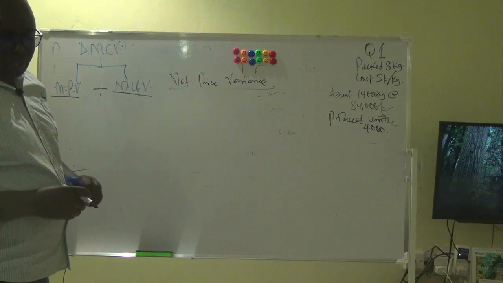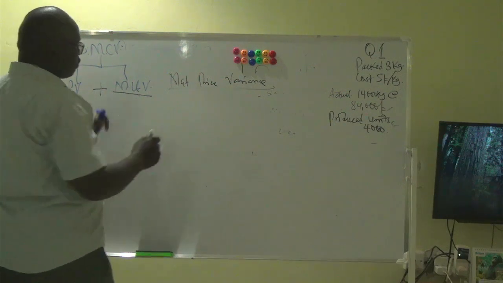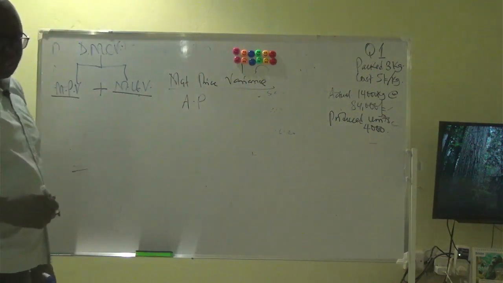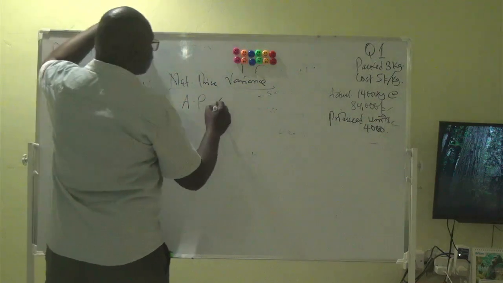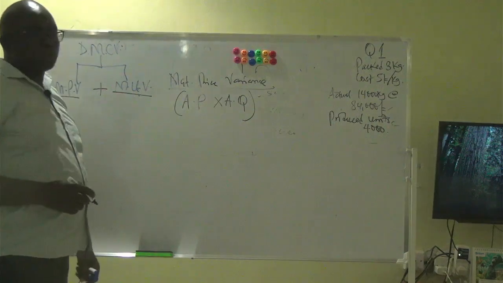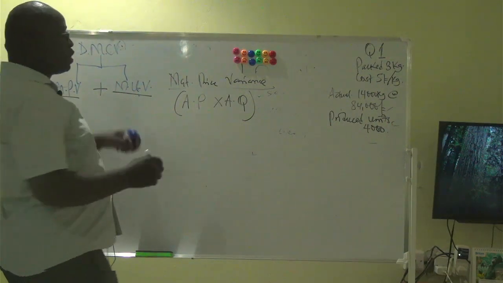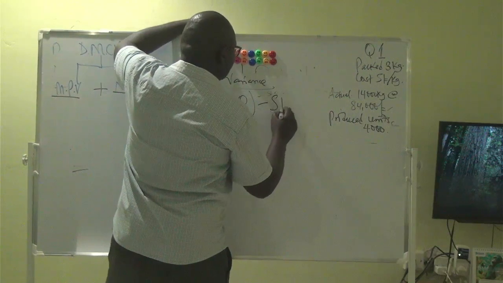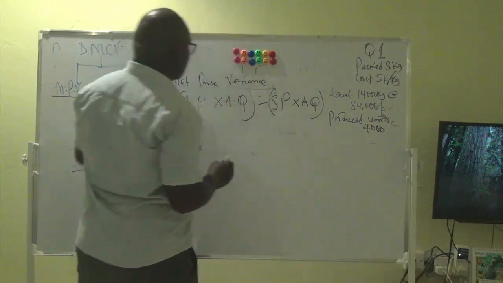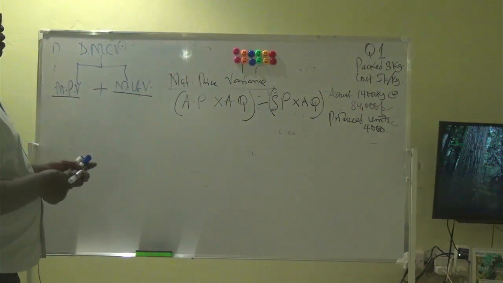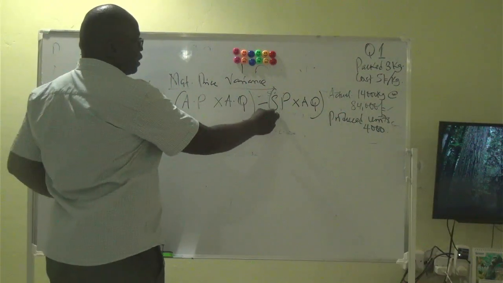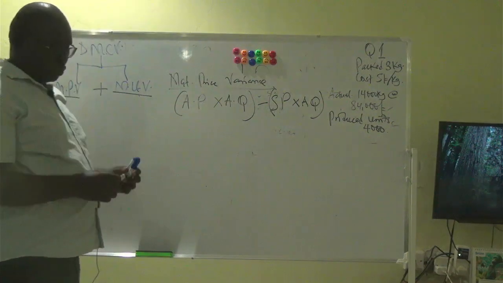It is calculated by the formula: actual price times the actual quantity, then we subtract the standard price times the actual quantity.